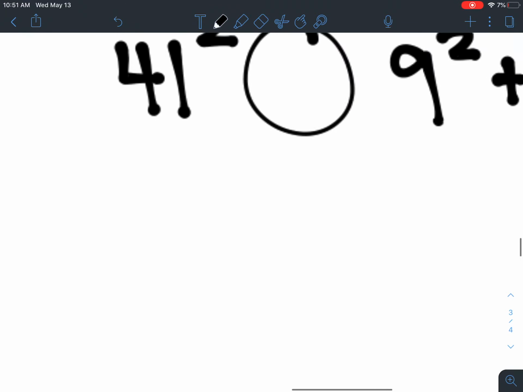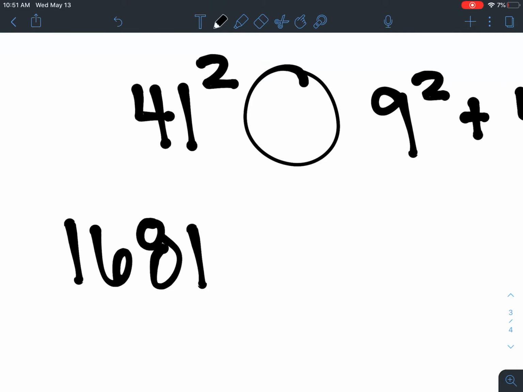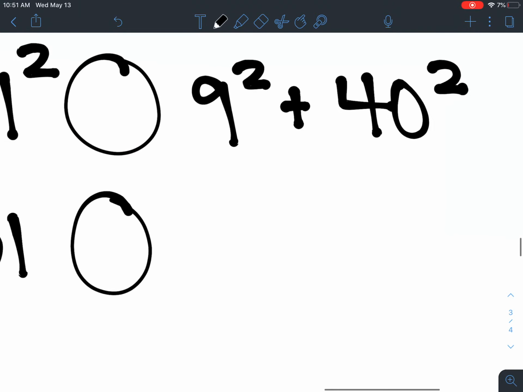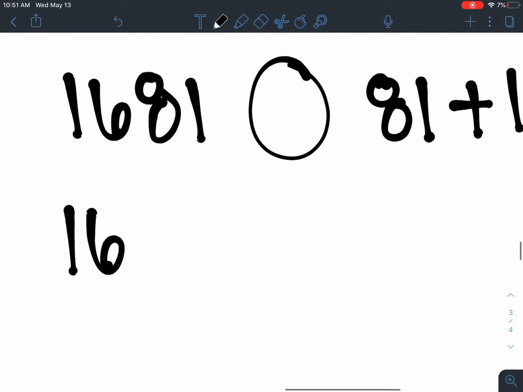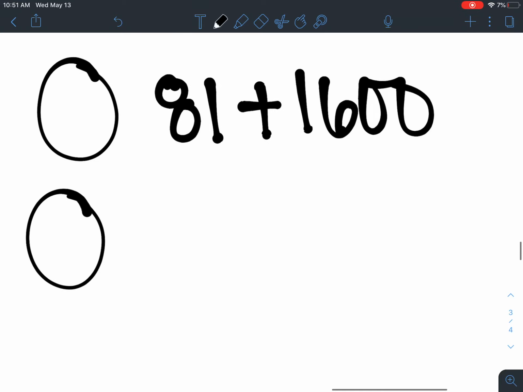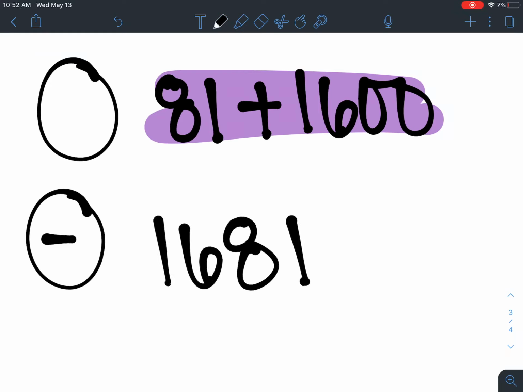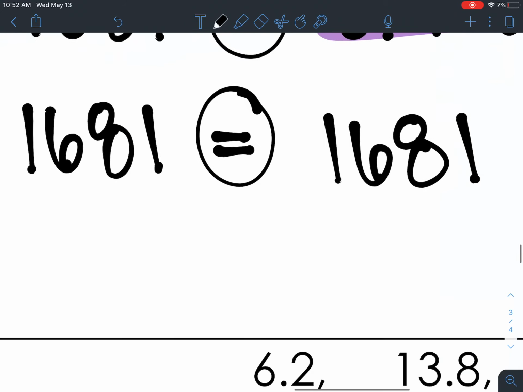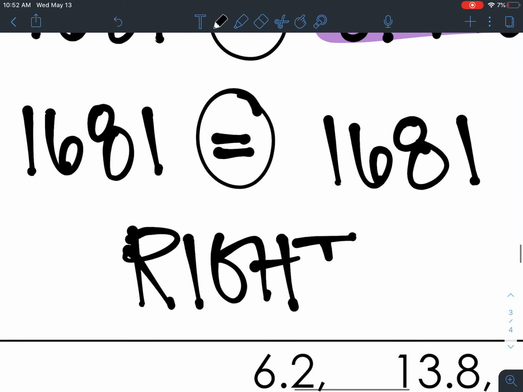So 41 squared is 1,681, and I'm going to compare that to 81 plus 1,600. If I add these two together, I get 1,681. So these are equal to one another, and if that's the case, then this is going to be a right triangle.